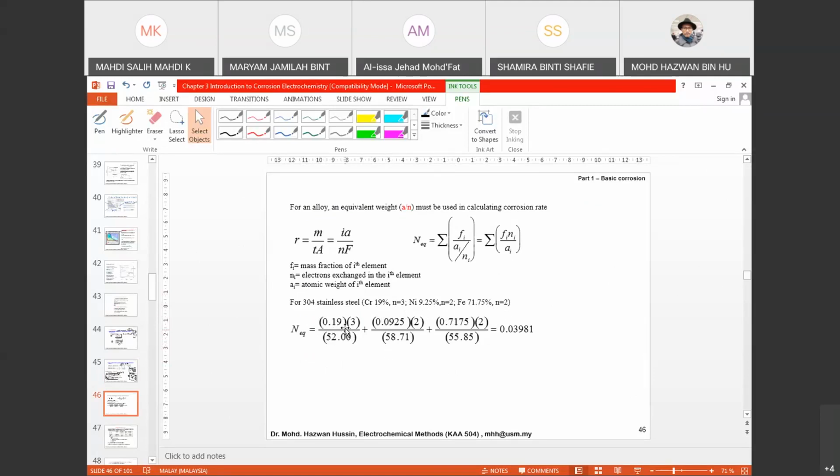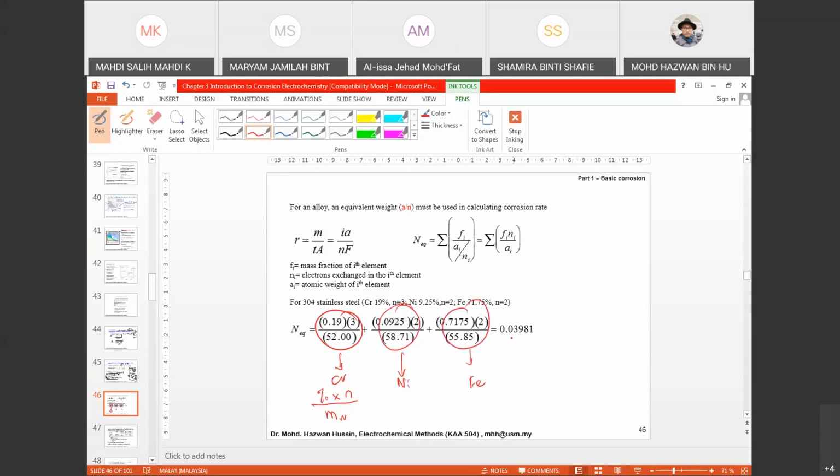You have the percentage multiplied with valency over the atomic mass of chromium. This part is for chromium, plus this one for nickel, and this one for iron.